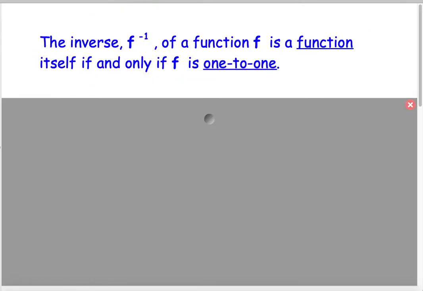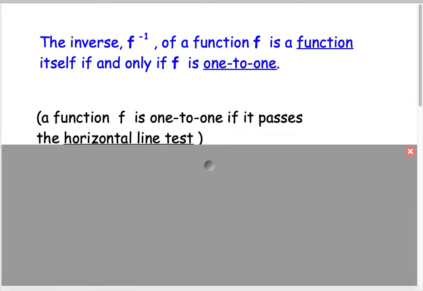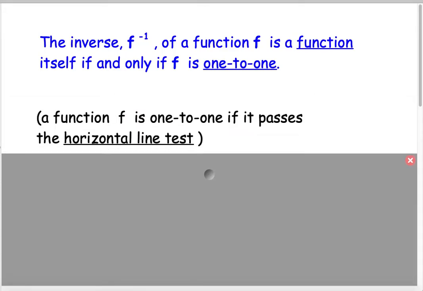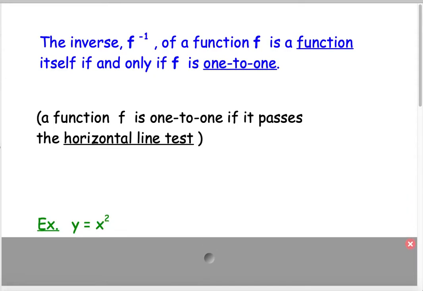What else can we look at? So this inverse that we've been calculating of a function, the inverse itself will be a function only if our original function is 1-to-1. What do we mean by that? A function is 1-to-1 if it passes the horizontal line test. Let's just go right to an example.